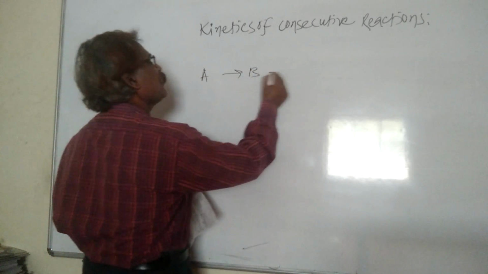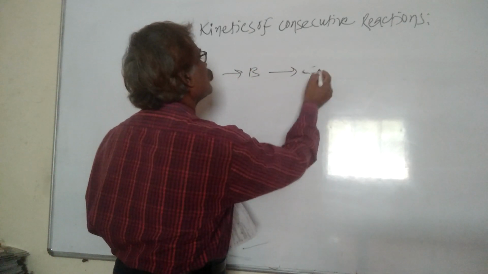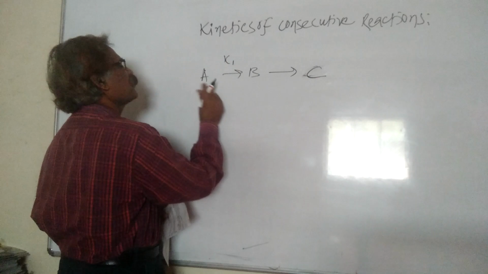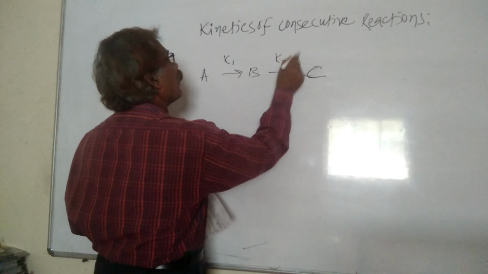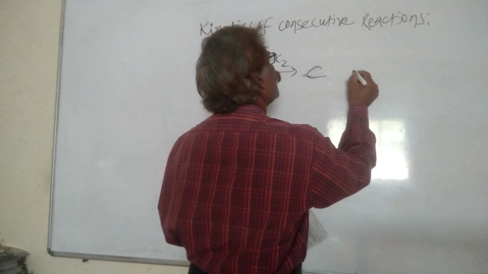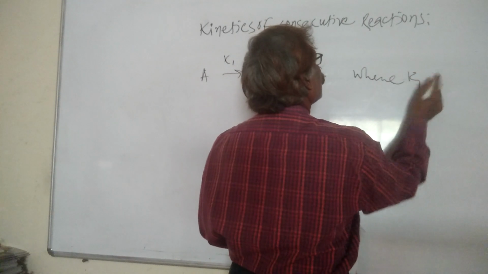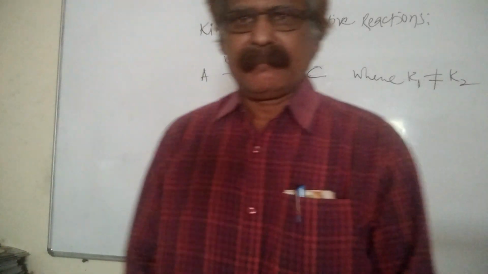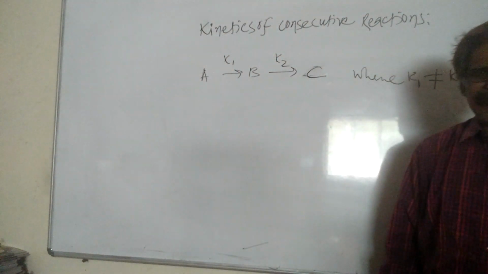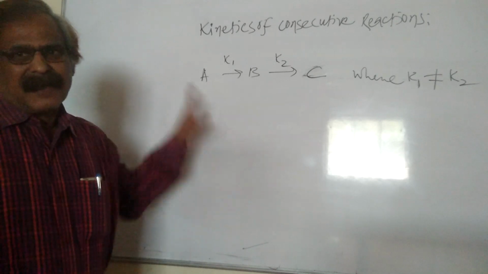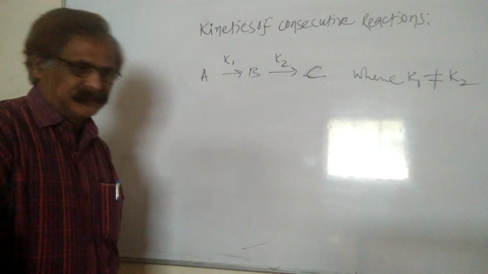A is giving B and B is giving C. Let us suppose the rate constant of the conversion of A into B is K1, and the rate constant of the conversion of B into C is K2, where K1 is not equal to K2. A is reactant, C is product.